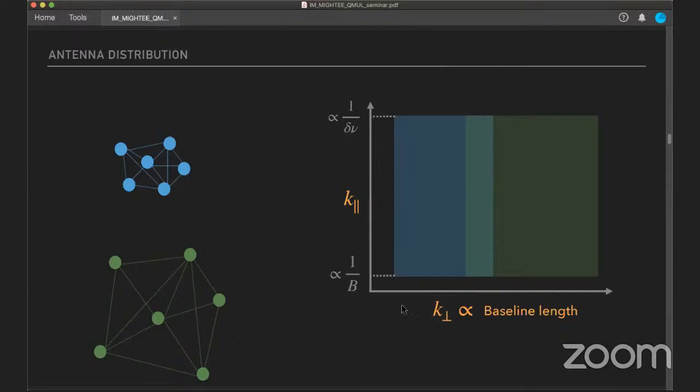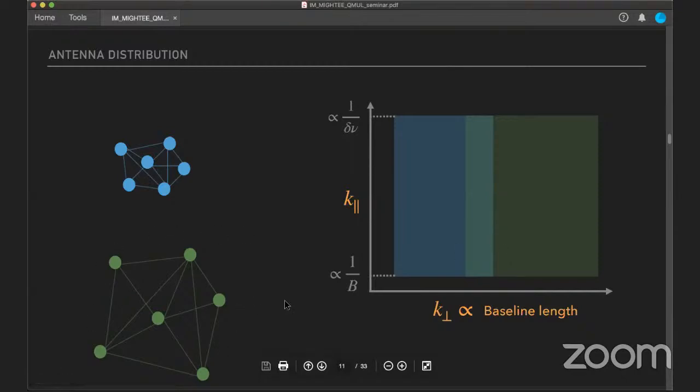In k space, the k perpendicular is on the plane of the sky, so it is proportional to the baseline length. The k modes accessible to this baseline configuration are shown in the blue shade, and the green shows the k modes accessible by the other configuration.